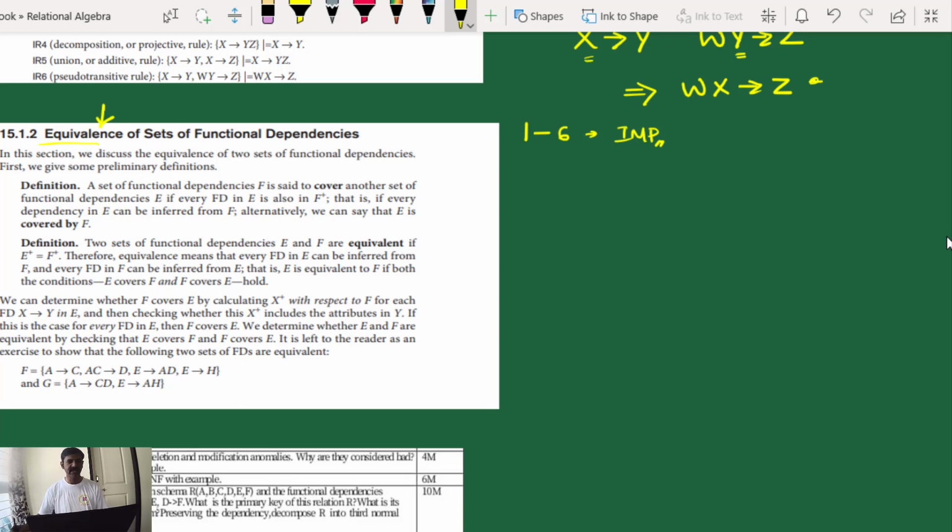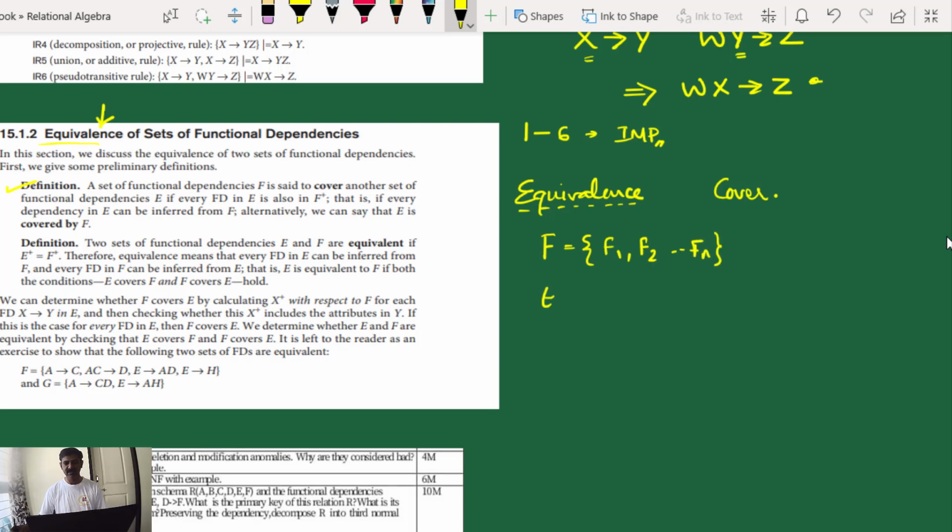What does this equivalence mean? Before that, we need to understand what is called a cover. As you can see through the definition here, a set of functional dependencies F is said to cover another set of functional dependencies E. That is, you are given a set of functional dependencies F, let us say F1, F2, ... Fn.